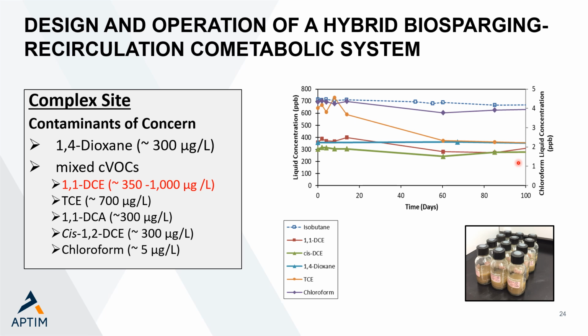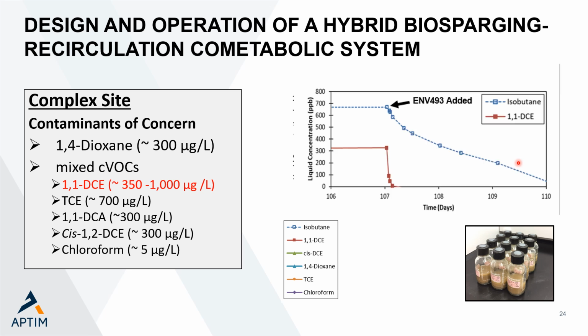So we sent a sample of this culture to Lou Semprini's lab at Oregon State. They bioaugmented the microcosms, and lo and behold, cis-DCE degraded, and 1,1-DCE degraded very, very quickly. So when enough of this culture was added to the samples, it degraded 1,1-DCE to non-detect.